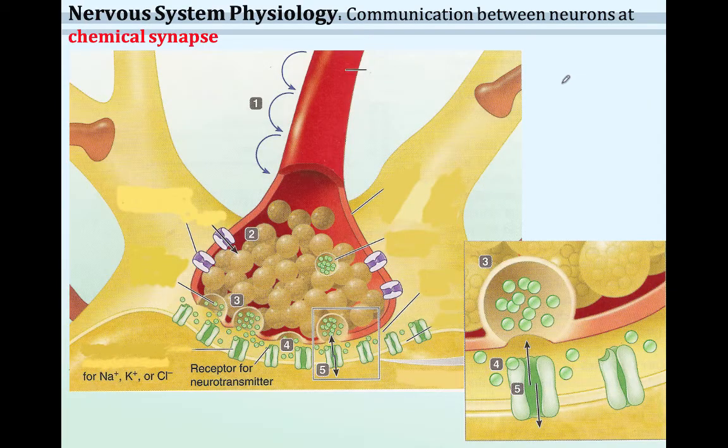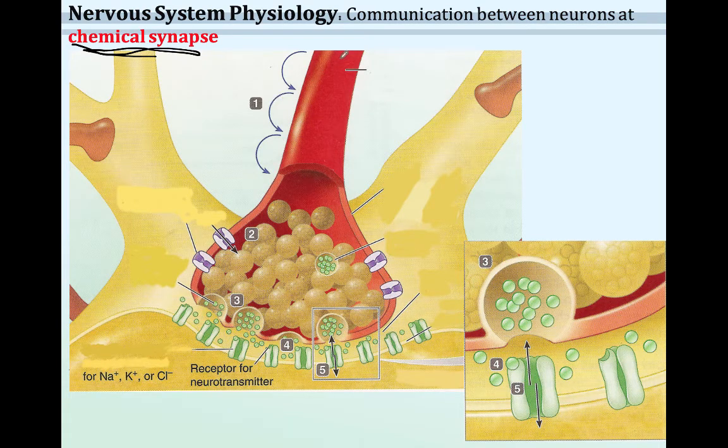All right, now we're going to look at the more common type of transmission, chemical transmission, and here indeed is a chemical synapse. The chemical synapse involves the neurotransmitter, or the ligand. In here you can see the neurotransmitter. This is a blow up of what's happening right there.